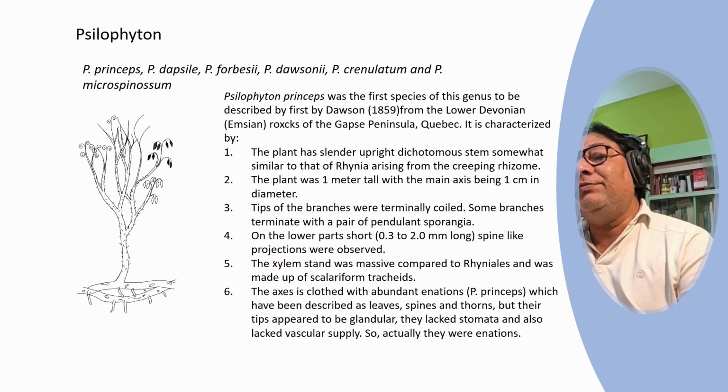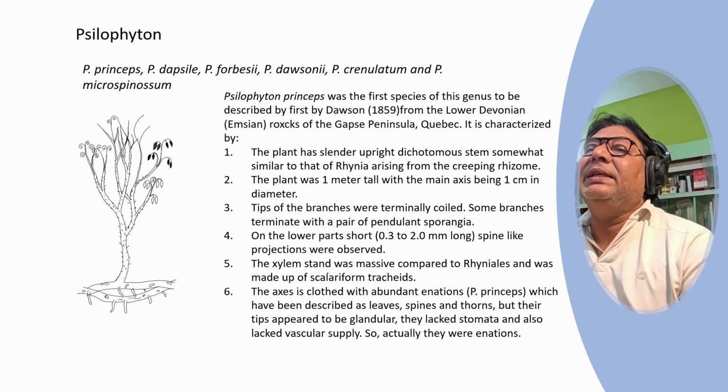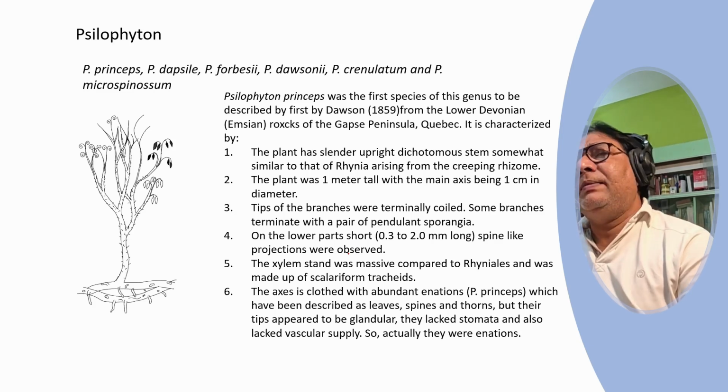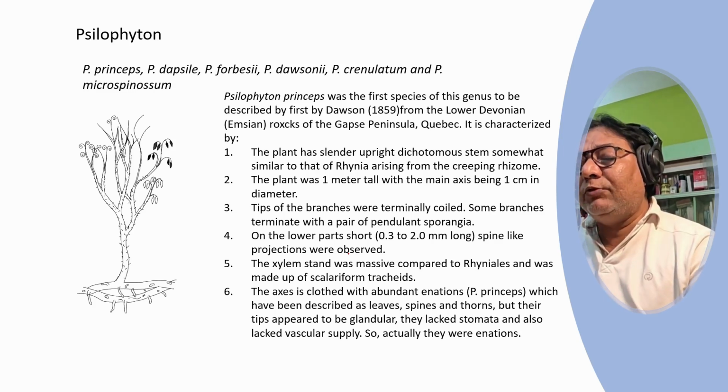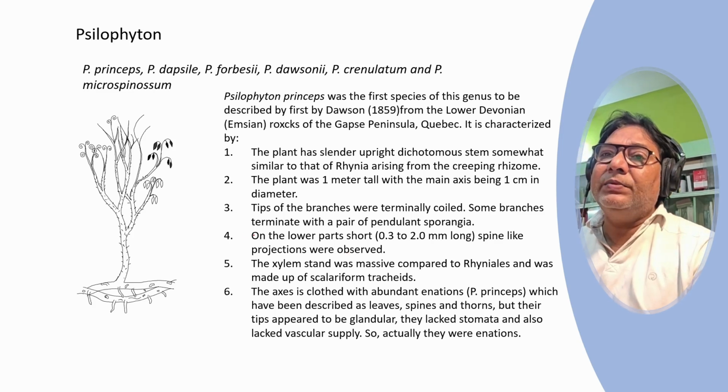So what we are witnessing here is the evolution of the leaf, the microphyll. Rhynia did not have any enations; the stem was smooth. In Zosterophyllum, the stem was smooth. But in Psilophyton, we see some spine-like structures without any vasculature.